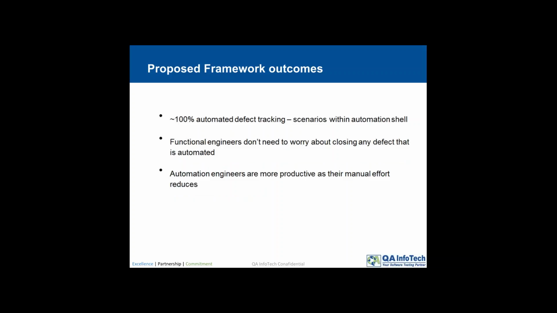Let's talk a bit about the outcomes of this proposed framework. A lot of manual effort, which previously was involved in defect tracking, can now be reduced to just about negligible. All the defects for which we have created a user story on the defect tracking tool can now be tracked by the automation scripts only.